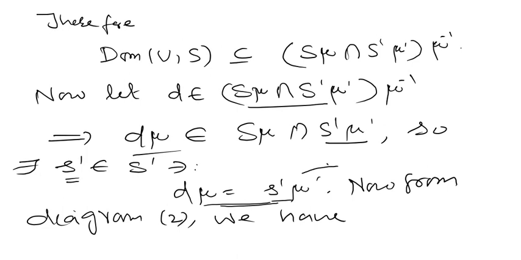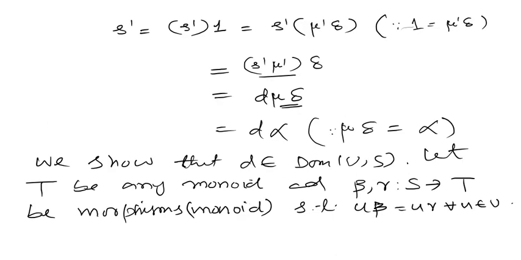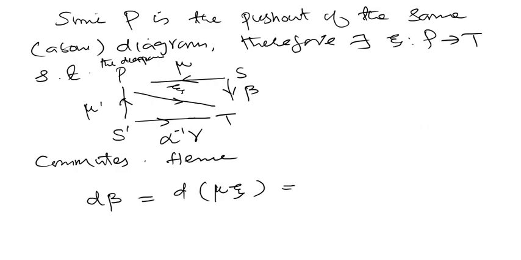Let's write this as double star. So from this double star, d mu is equal to s prime mu prime, and then there is zeta.